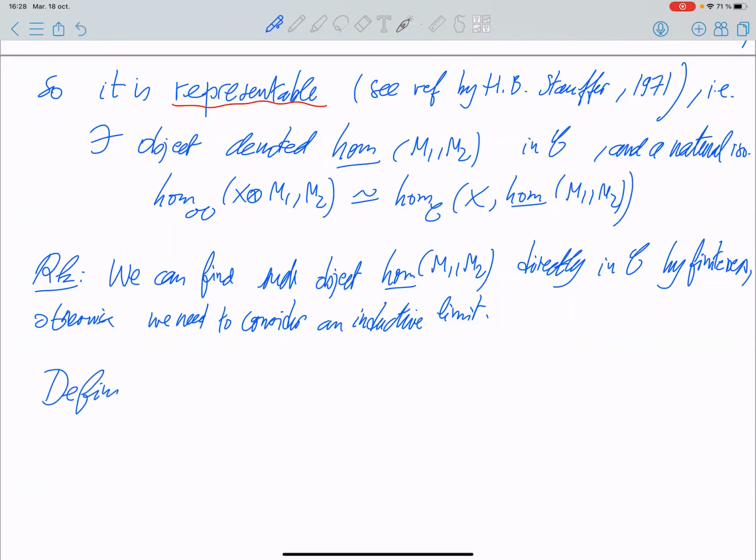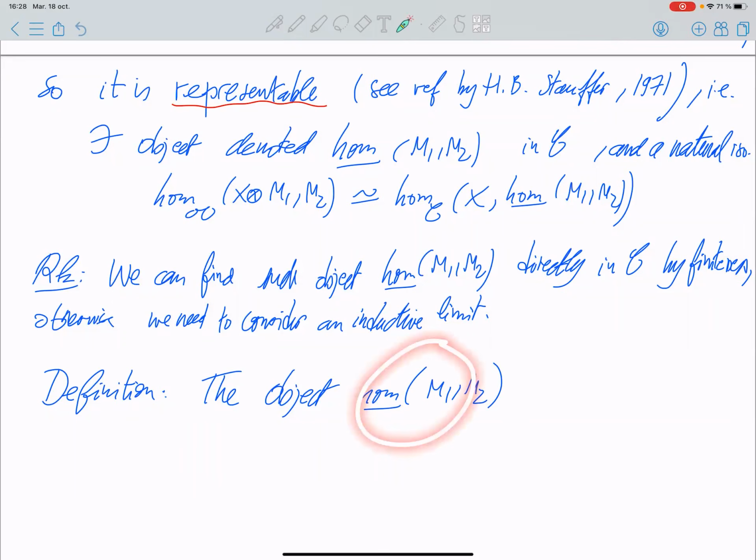Definition. The object Hom, and you have to be careful about this notation. This is not a Hom space. This is an object.